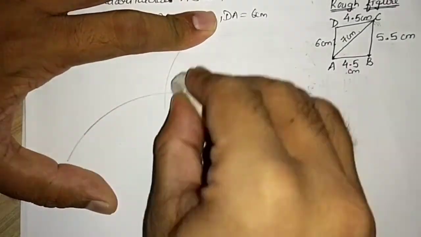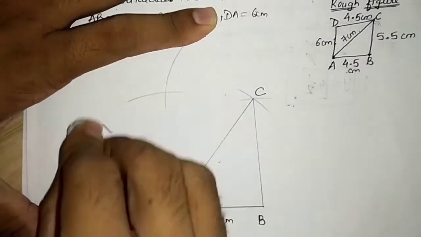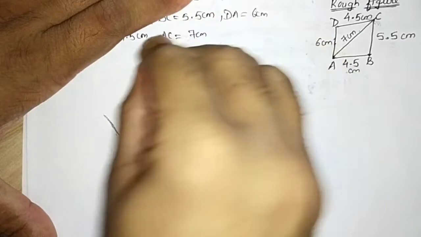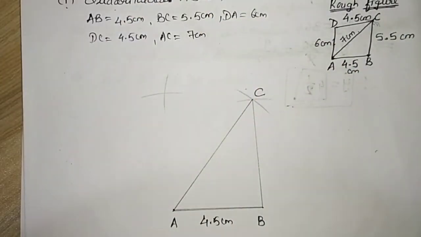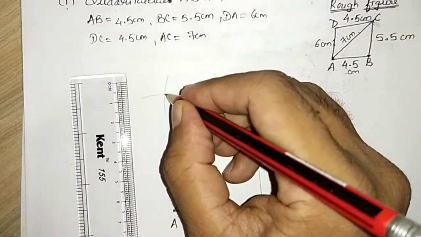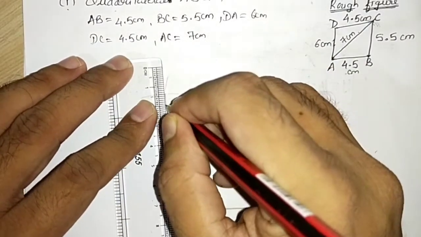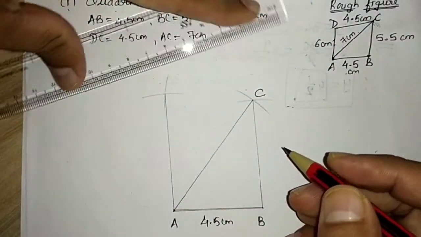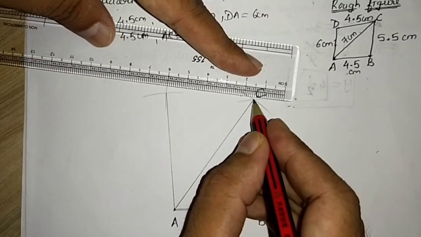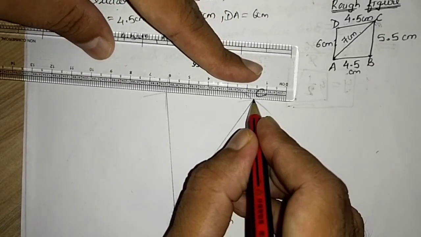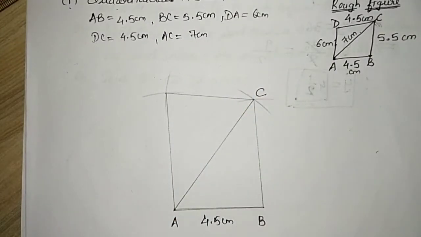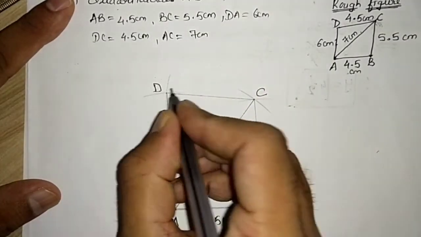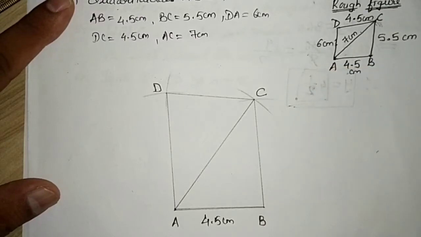Cut the remaining which is not necessary, so that your work will be appearing good. Join the point of intersection to A and to C. And name that point as D because it was our D.